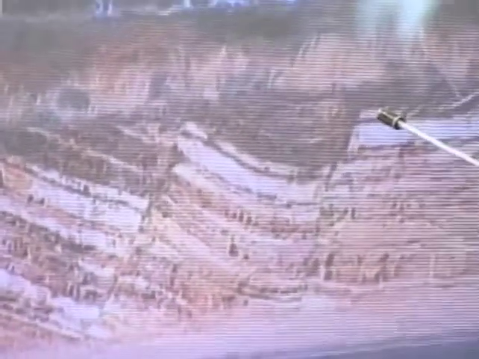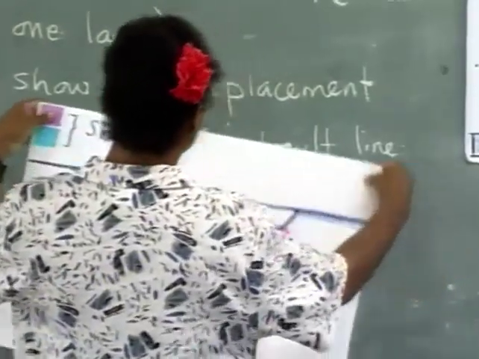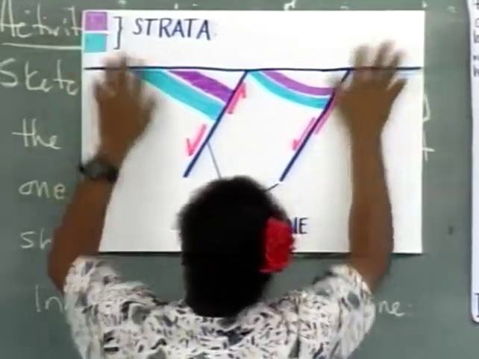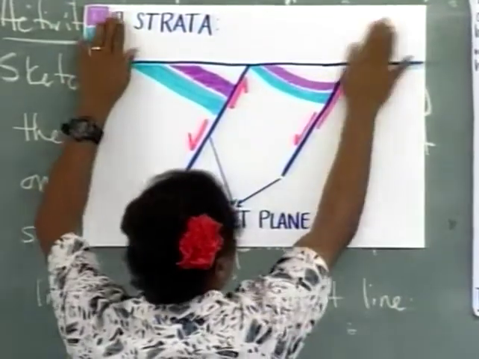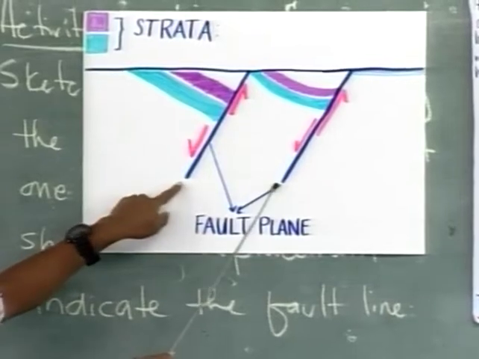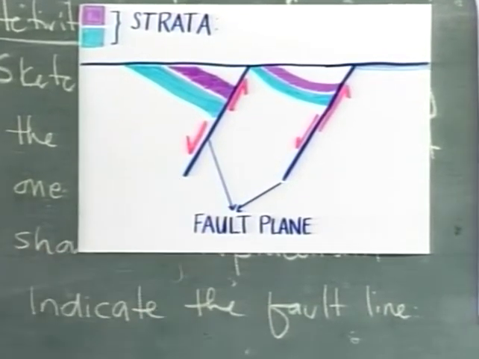How do you know there are 2 fault lines? You can check the different strata or layers, and the layers will indicate to you. Okay, let's check this workout and let's see what you should have. Okay, 2 fault lines. Here, one there, one on that side, as shown from the monitor.